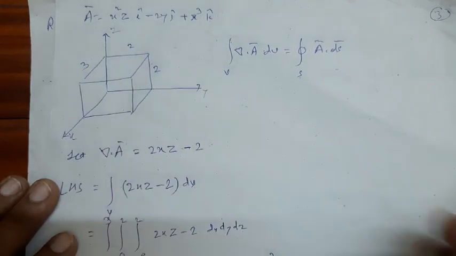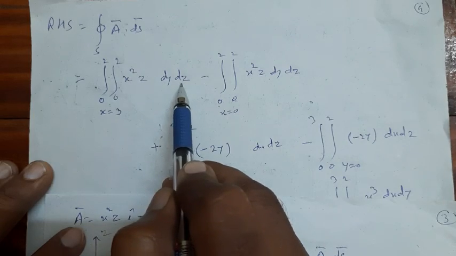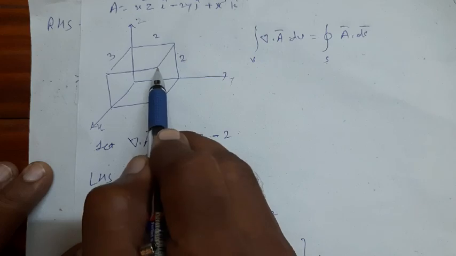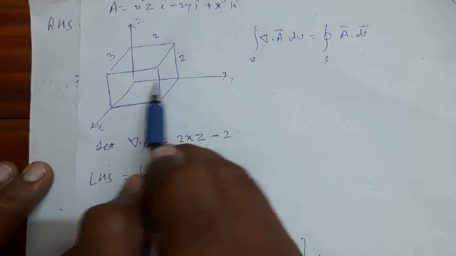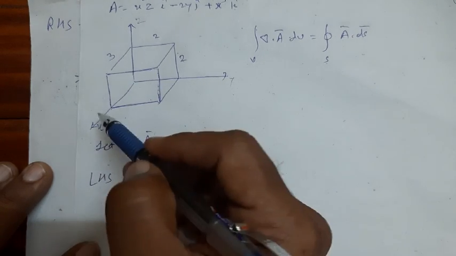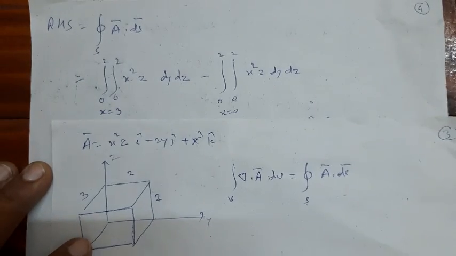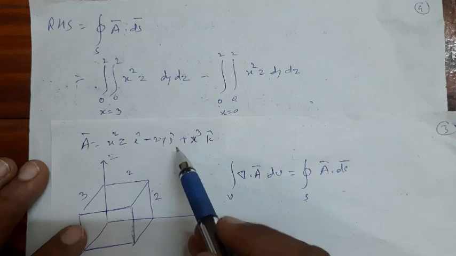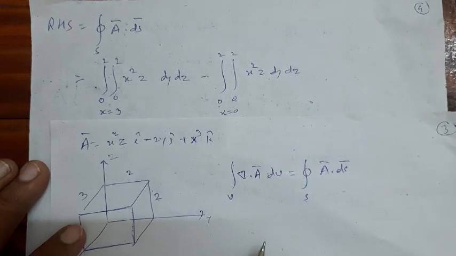See, here dy dz is along the x axis. That means if I consider the front surface, it is parallel to the yz plane, and therefore the surface element will be dy dz, and it is assumed to be along the x axis, therefore it is i cap, and hence it is x square z dy dz, i cap dot i cap, that is equal to 1.